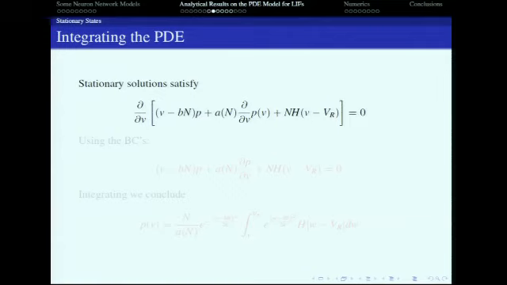Then do the usual stuff with the Fokker-Planck equation: the flux is going to be constant. Use the boundary conditions to say that the constant is 0. You just use the boundary conditions, Dirichlet for P, and at the end it coincides with the flux, and it tells you that constant has to be 0.